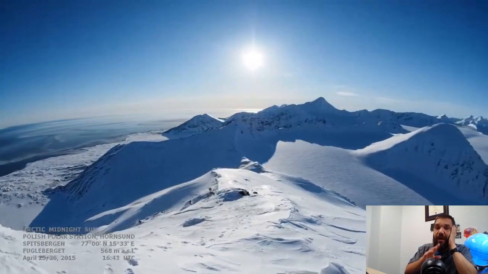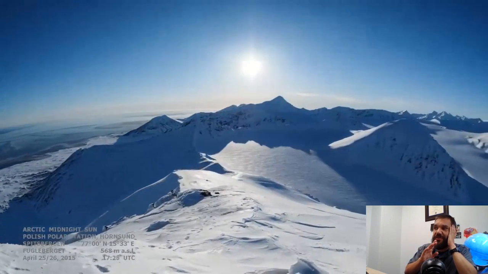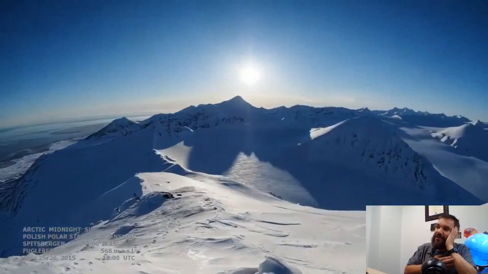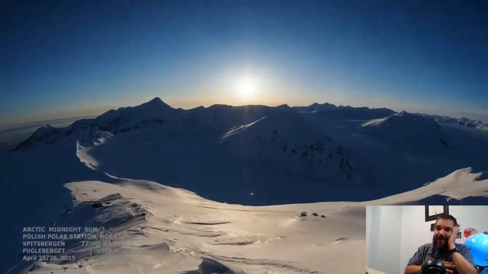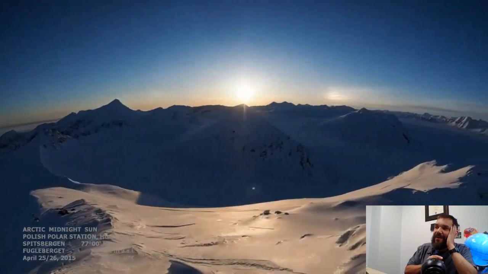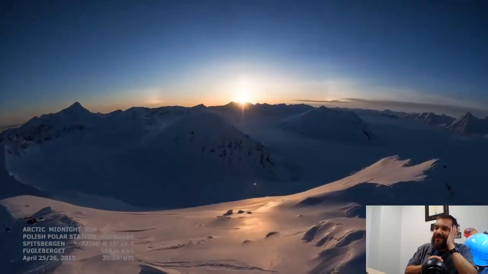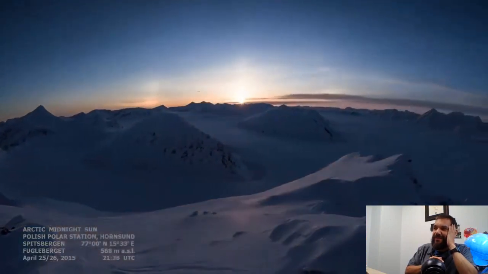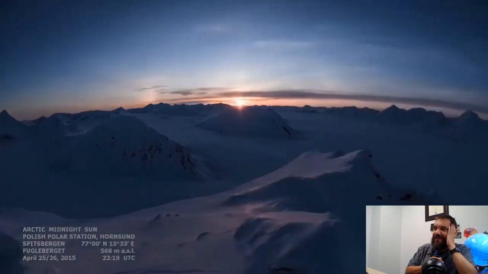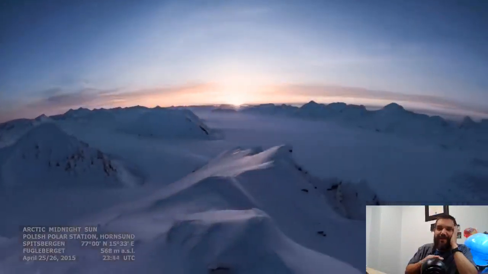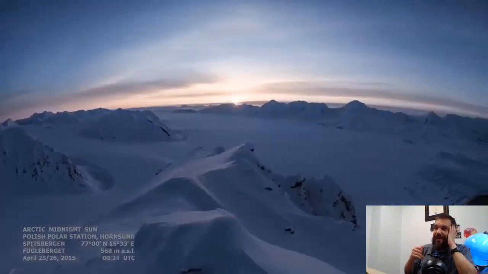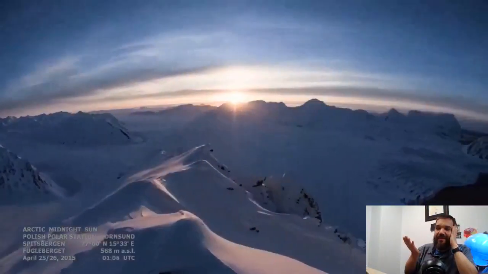It starts to go down, making long shadows, getting near the horizon, and it looks like it's going to be sunset, right? But instead of going all the way down, it starts coming up again, and we fade directly into the dawn. We call this the land of the midnight sun.